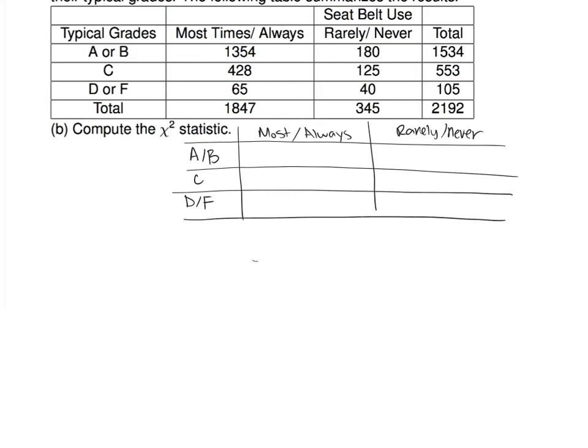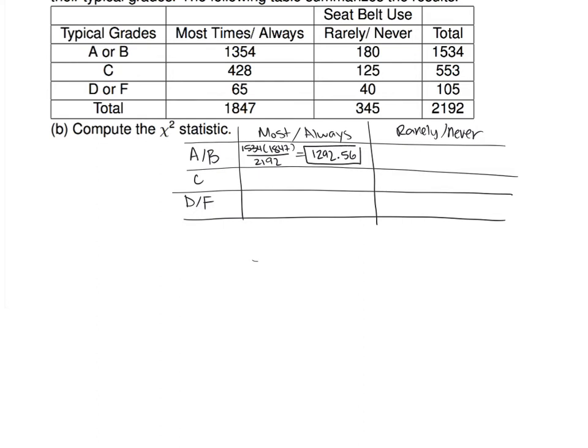For those in the most always, the row total there is 1534 times the column total, which is 1847, over 2192. That comes out to be 1292.56.